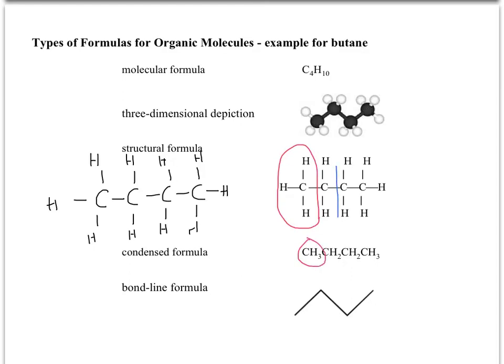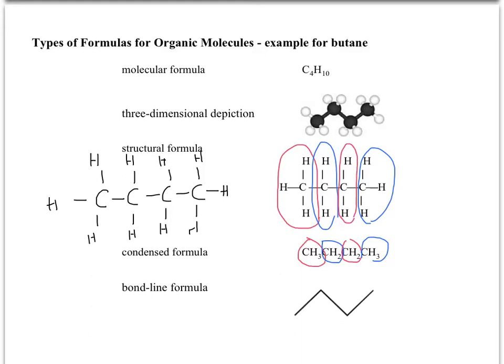Then you have the methylene group next in the formula, and in the condensed formula you would write that as CH2. Then you have another methylene group here and here, and finally a methyl group at the end. The methyl group is CH3. So to go back and forth between the structural formula and the condensed formula is easy.